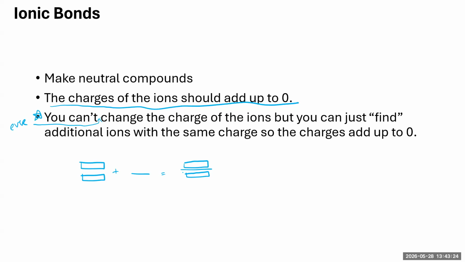That satisfies the neutral compounds part. So again, we're not just magically finding these atoms, they're there, right? They're available to use. We just have to use the right amount. We're not cheating, we're not doing magic. You can just use additional ions with the same charges so that the charges do add up to zero.